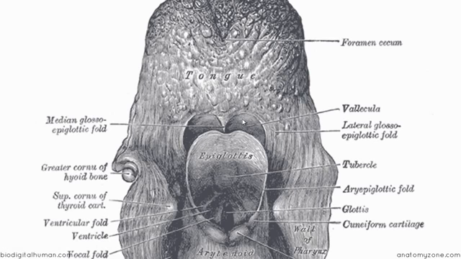So I've just switched over to this diagram here, and it shows what I just showed you in diagrammatic form. So you've got the epiglottis here, you've got the base of the tongue here, and you've got these reflections of mucosa, so the median glossoepiglottic fold, and the lateral glossoepiglottic fold on either side, with the vallecula on either side of the median glossoepiglottic fold.